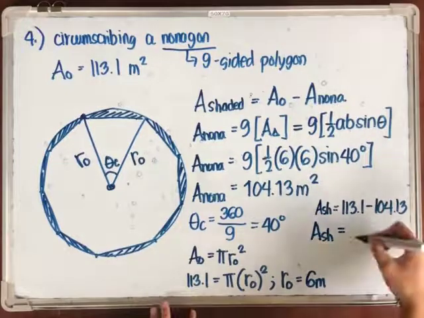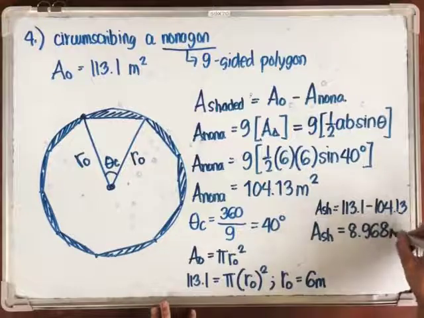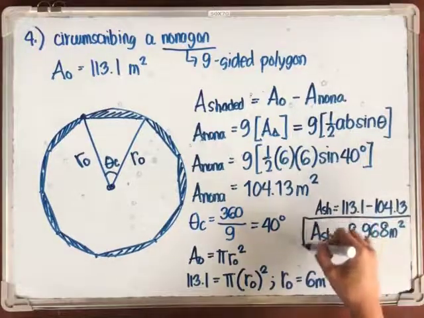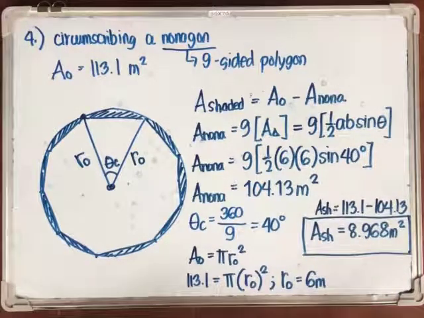This would be 8.968 square meters. This would be our final answer now. Alright. So that's our last example for regular polygons, and we proceed sa ating next topic.